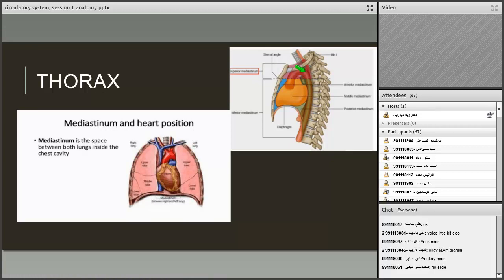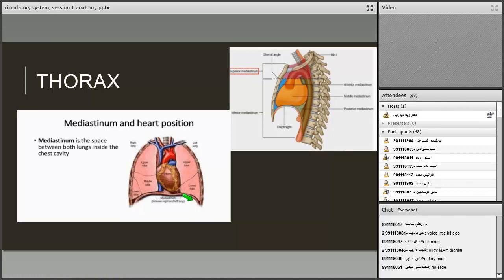But the inferior aperture is closed by a muscle called the diaphragm. Here we have the diaphragm. The diaphragm separates the thoracic cavity from the abdomen.